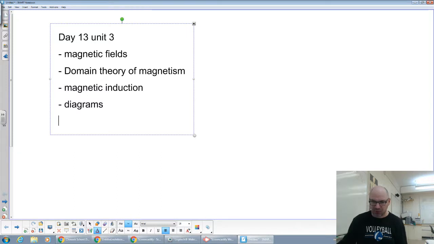Okay, so let's talk about the domain theory of magnetism. Let's use a different color here.